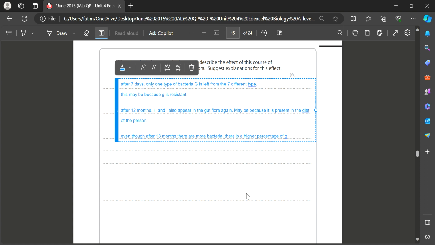Because it's resistant, to be fair, it's probably mutated. So it's resistant because it was always present, regardless of the course of antibiotic.